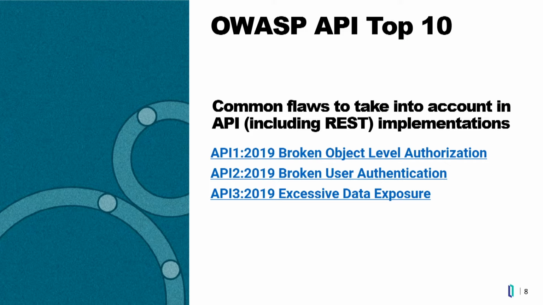Number three is excessive data exposure, which is to say, suppose you need a small piece of information in the UI, and in your API, you're just sending back everything about some particular record. I heard an interesting example in a podcast recently where there was, I think, a Verizon payment portal where it showed the last 4 digits of the account number.